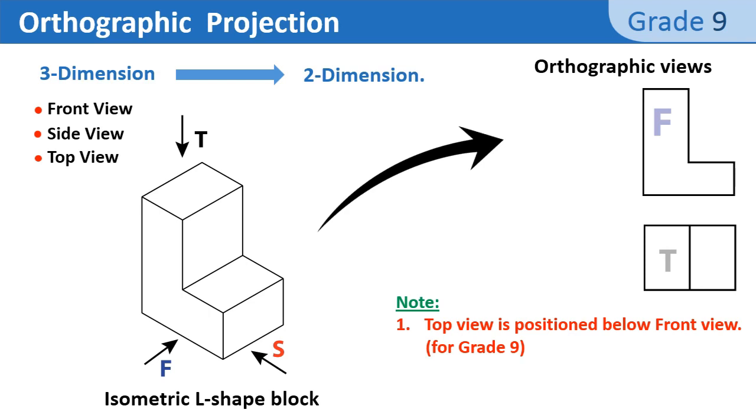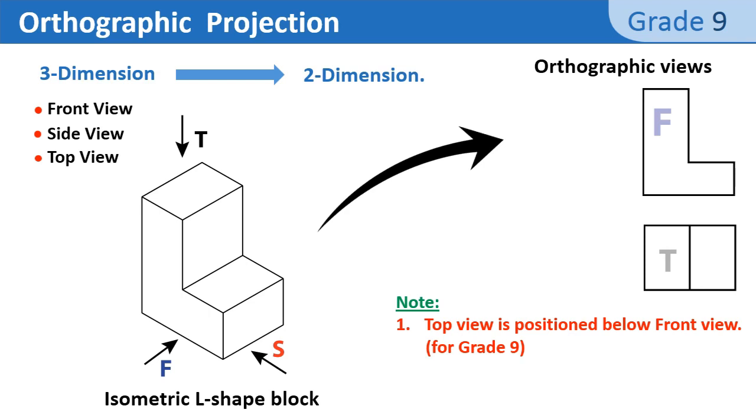The problem now consists of the position of the side view, whether to draw it to the right or to the left of the front view. In fact, we have to draw the view on the opposite side to the view's direction. For example, the top view arrow is at the top, but we draw it at the bottom.